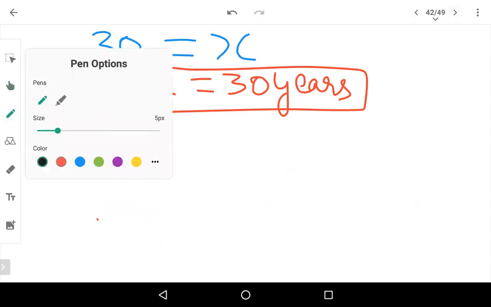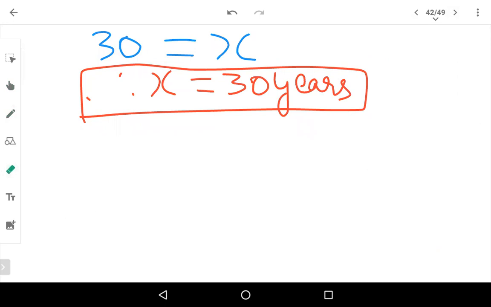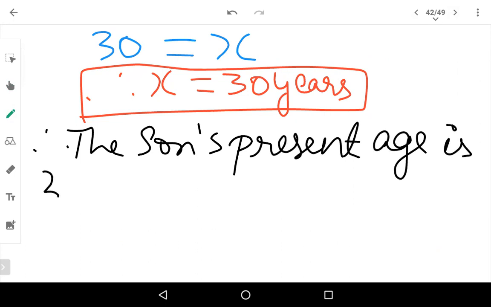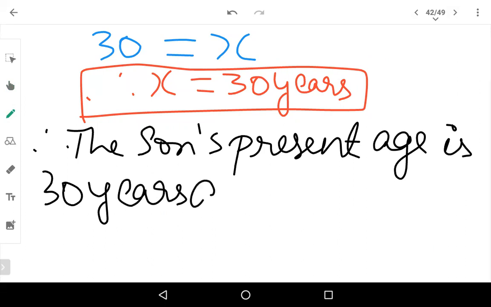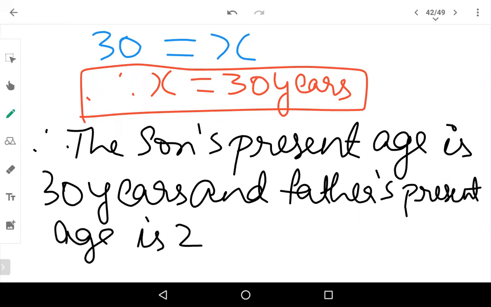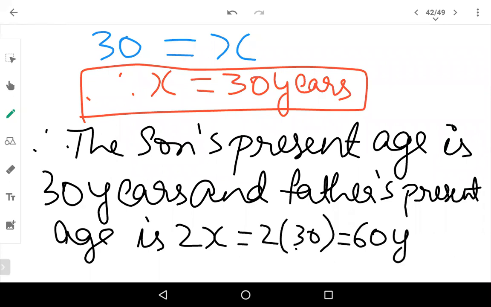So, in conclusion, therefore, the son's present age is 30 years and father's present age is 2x, 2 into 30, 60 years.